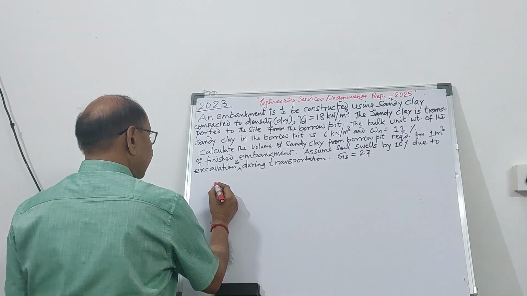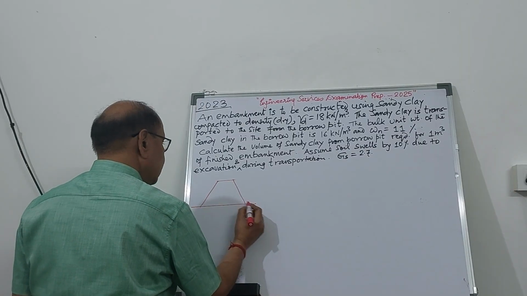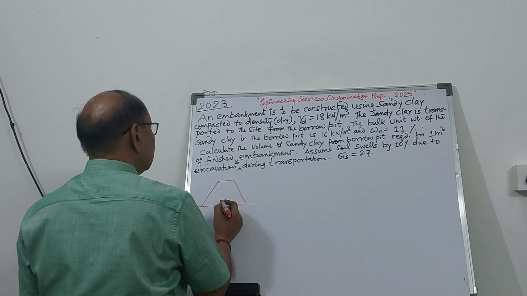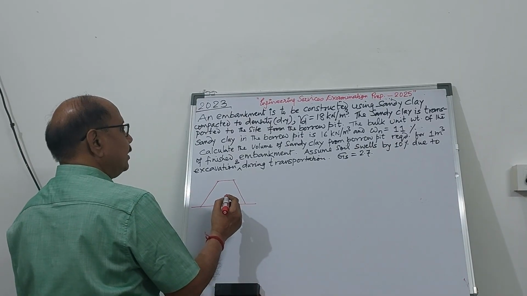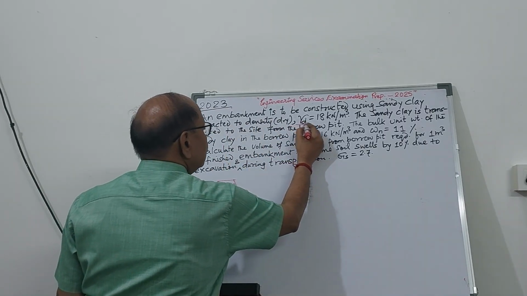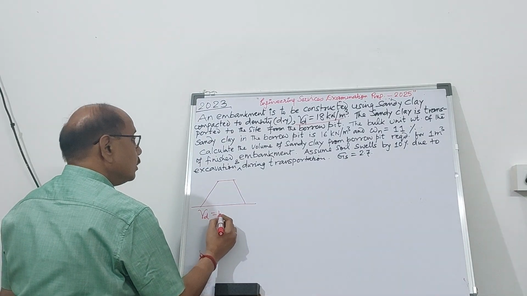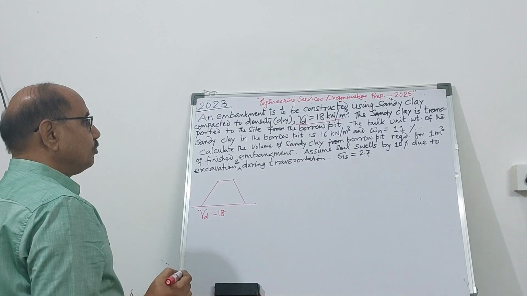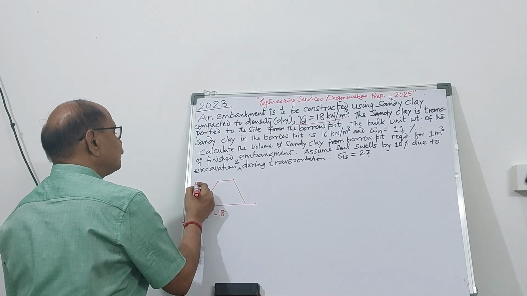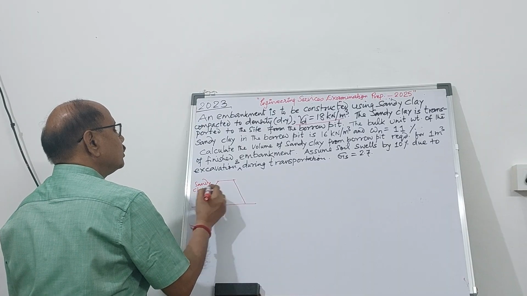This is the embankment, and you are going to use sandy clay compacted to gamma D equal to 18 kilonewton per cubic meter.